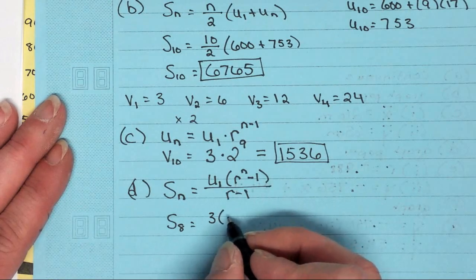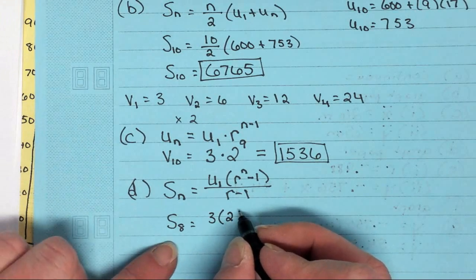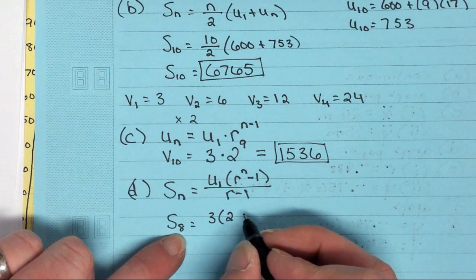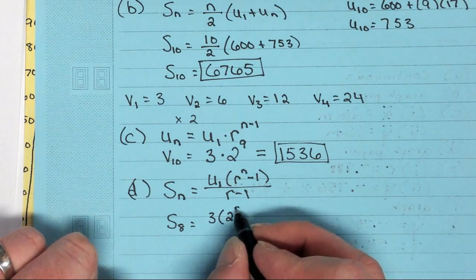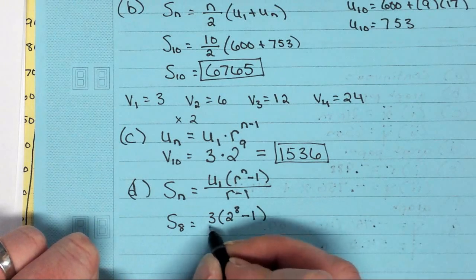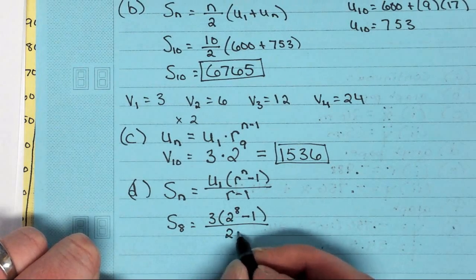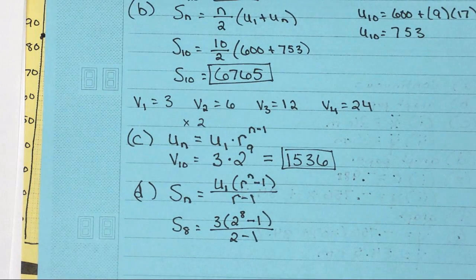You said r was 2. 2 to what power if I'm finding the sum of the first 8 terms? 8 minus 1 divided by r minus 1. Be careful putting that in your calculator. You might want to do the alpha F1.